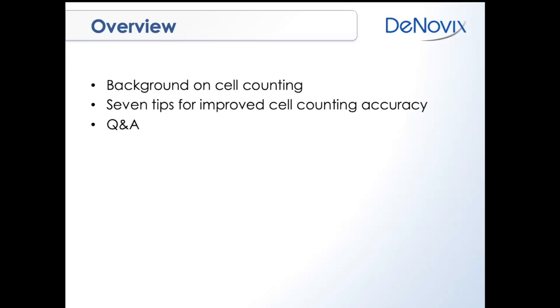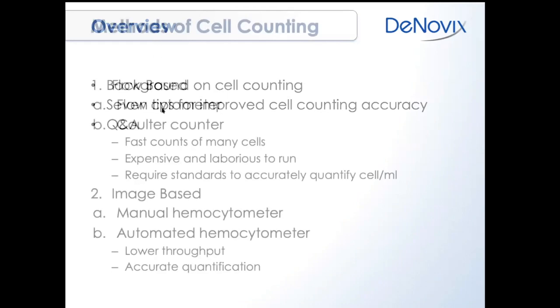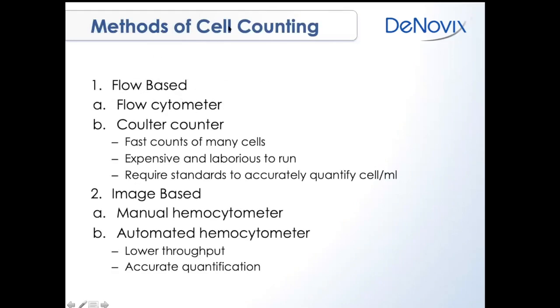So if there's any questions, if there's anything in particular that someone wants to see, I can do that. We can do some experiments or whatever here in the lab. So that is the plan. All right.